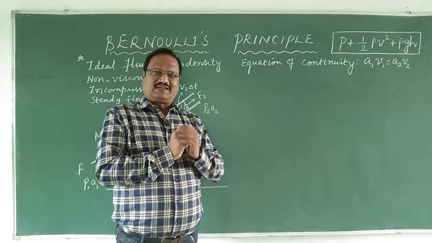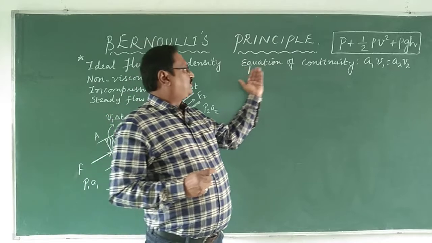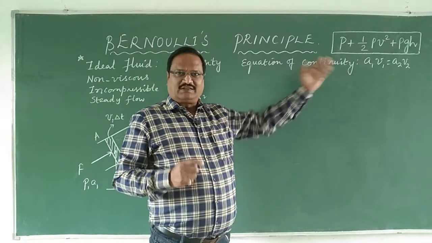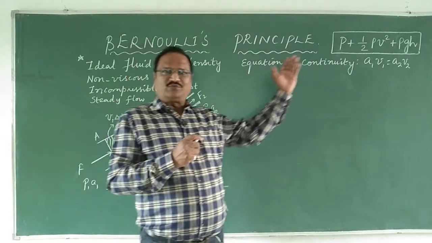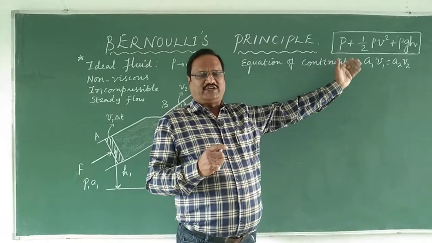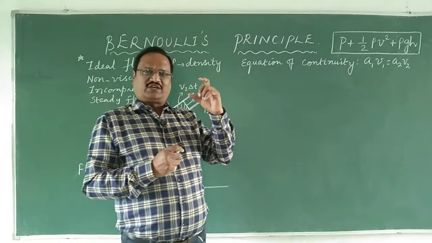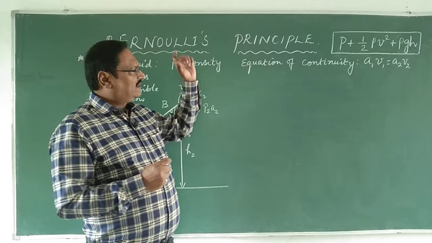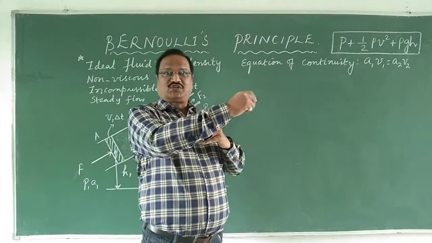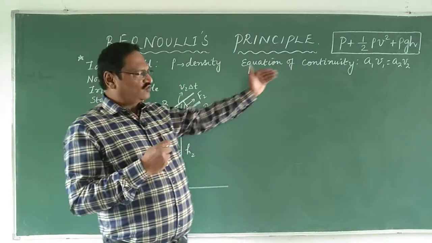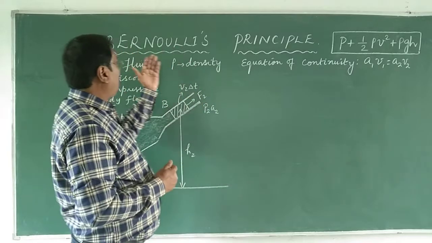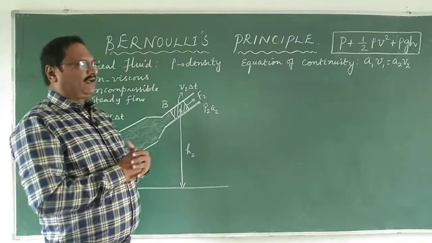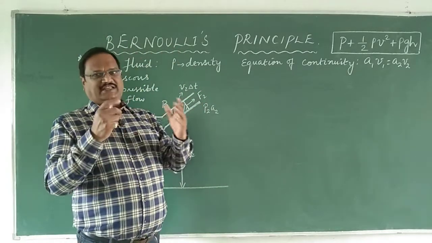We also studied the equation of continuity, which states that A1 V1 is equal to A2 V2, where A is the area of cross section and V is the velocity with which it is flowing. So we did this, and today we are going to discuss Bernoulli's principle and derive the equation for it.